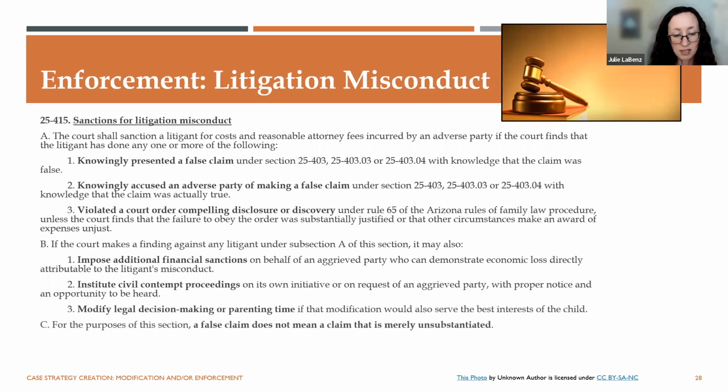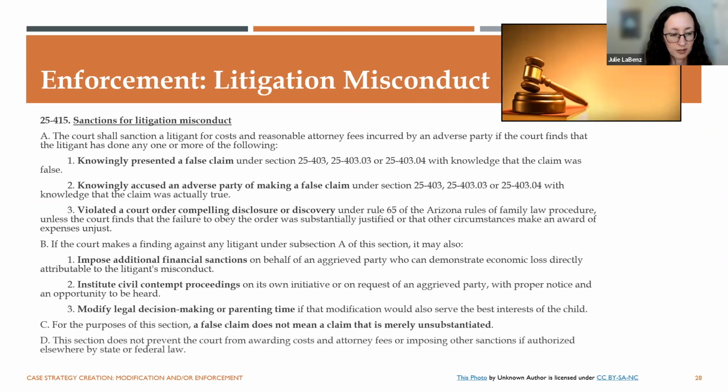And then just keep in mind that a false claim does not mean a claim that is merely unsubstantiated. A false claim is where you know it's false, and proving that, of course, can be difficult. But if you can, the court has all these remedies that the court can award. And of course, attorney's fees and costs can be awarded as well.